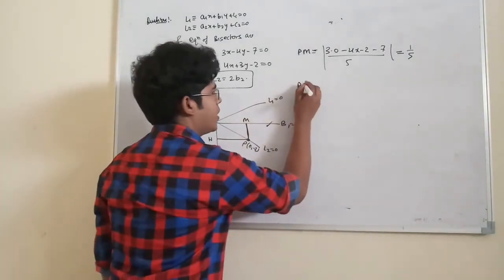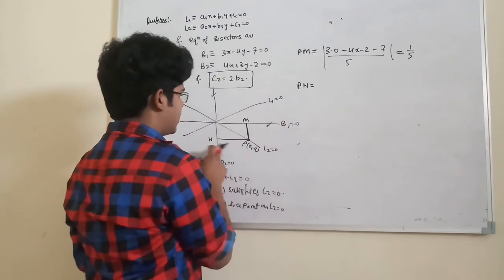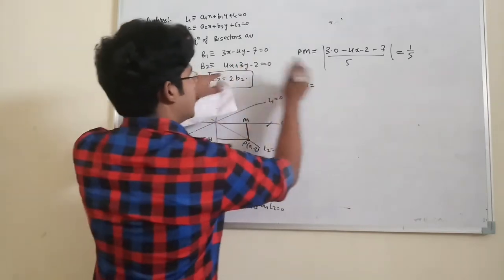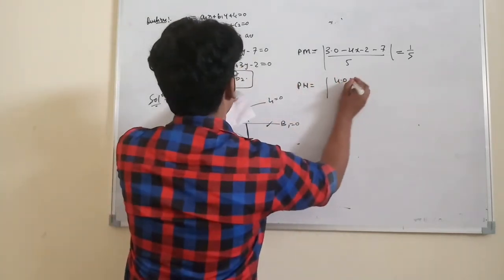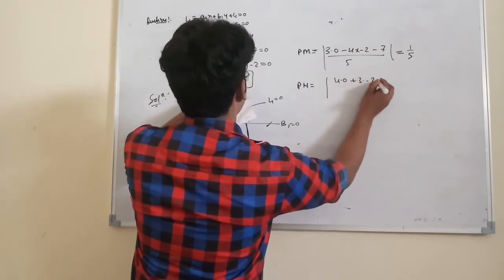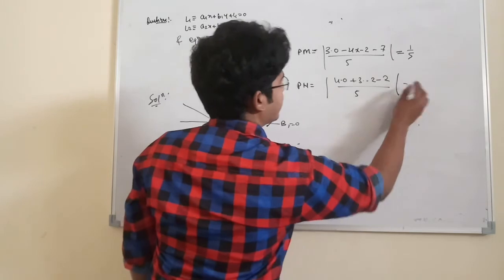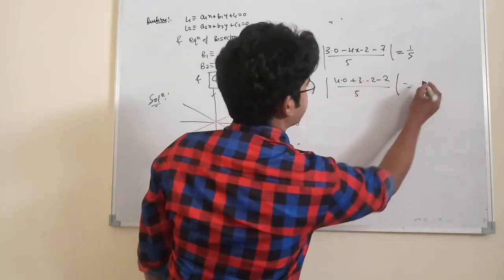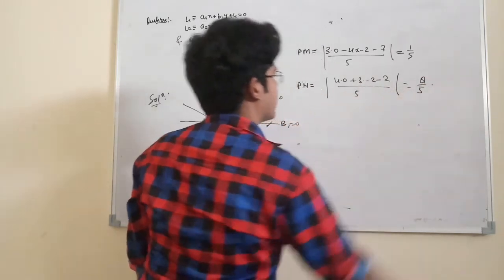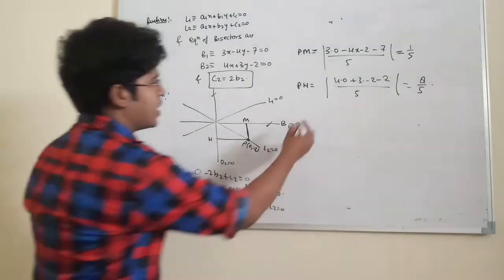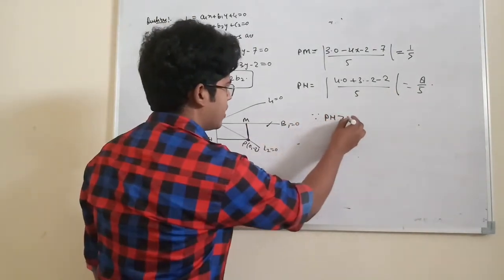Now PN means the perpendicular distance from B2 equals 0. So it will be 4 into 0 plus 3 into minus 2 minus 2 upon root 16 plus 9, which is 5. It will be minus 6 minus 2, so 8 by 5 will be the answer. Right. So you can say that here PN is greater than PM.